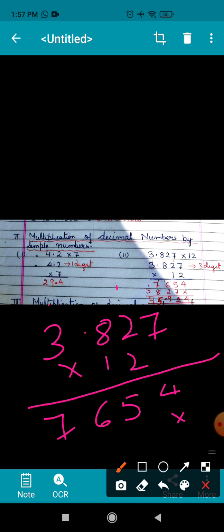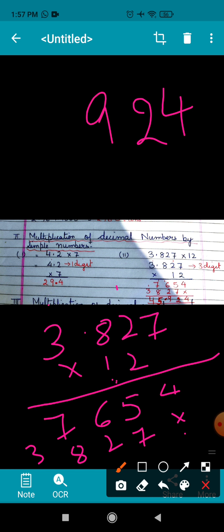Now, multiply by 1. 1 is present on the tens place, so we will leave the 1's place vacant. 1 seven is 7, 1 two is 2, 1 eight is 8 and 1 three is 3. When you add the numbers, you will get 4, 7 and 5, 12, 2, carry over 1, 6, 2, 8 and 1, 9, 7 and 8, 15, 5, carry over 1, 3 and 1, 4.